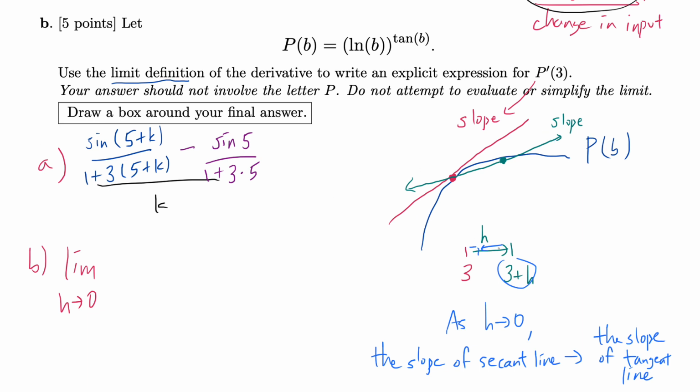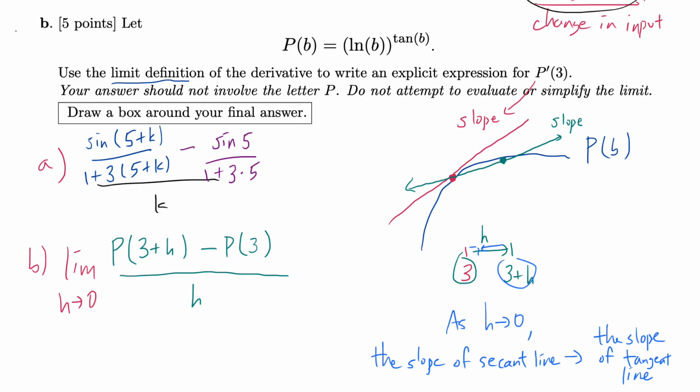We're given two points: the input 3 with output p of 3, and the input 3 plus h with output p of 3 plus h. We just do change in output over change in input, like change in y over change in x. That's p of 3 plus h minus p of 3, divided by the change in input, which is h.